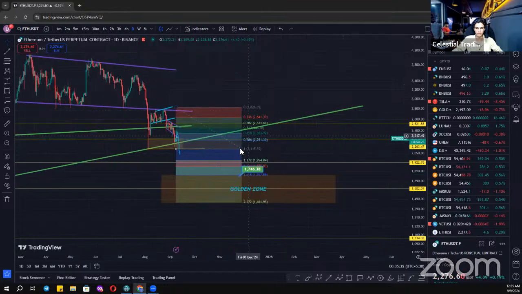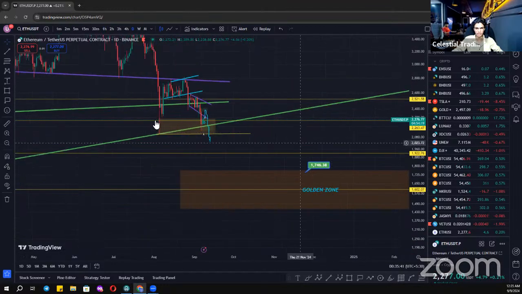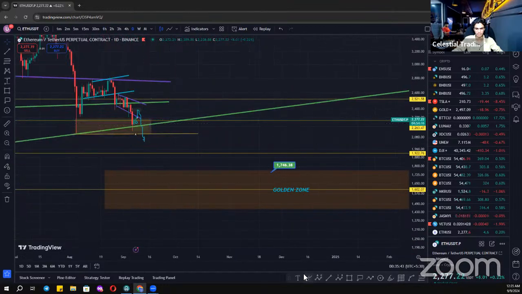Okay, this is a golden zone in my perspective, and I expect the market to pump for a couple of days and get filled in that zone, and come for this and break the trend line.